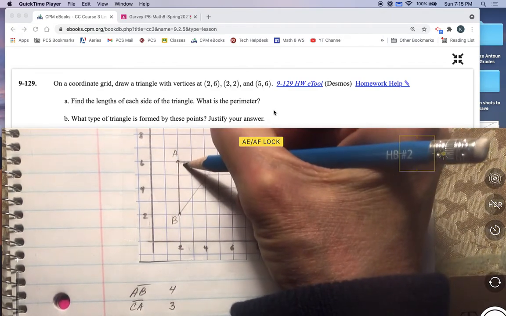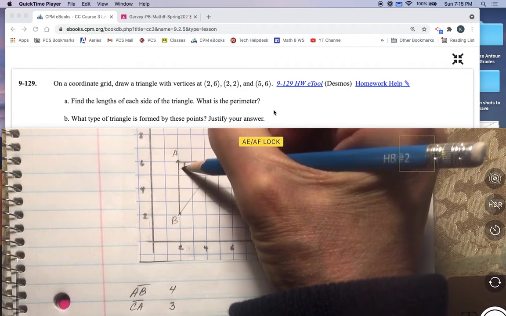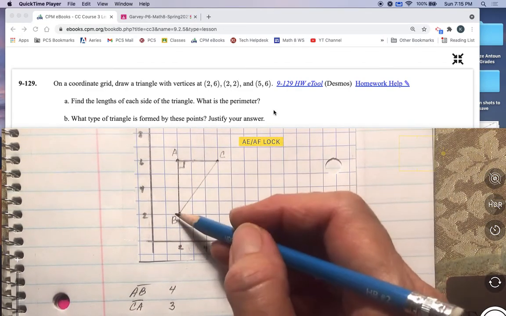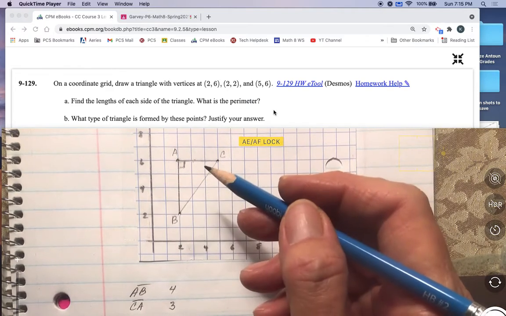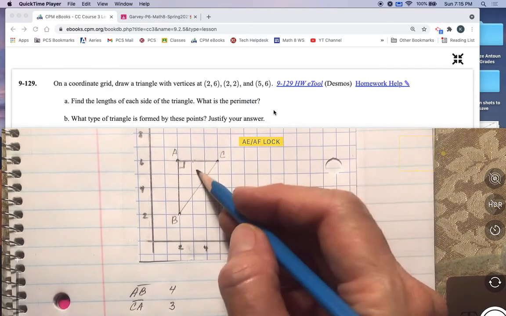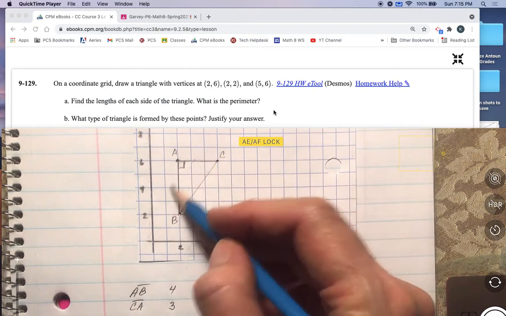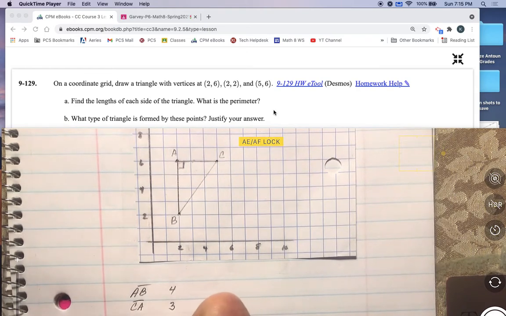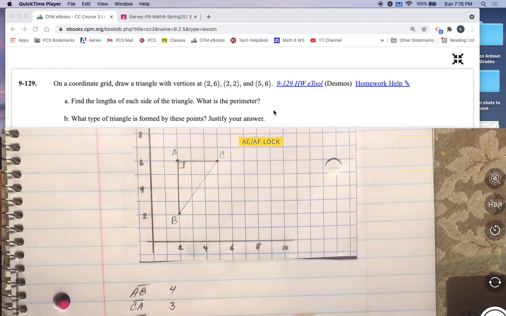So that means that this is a right angle. And if that's a right angle, then we can use the Pythagorean theorem to find missing sides. So in this case, these are the legs, and we have the length of the legs. What we don't have is the length of the hypotenuse, which is BC.